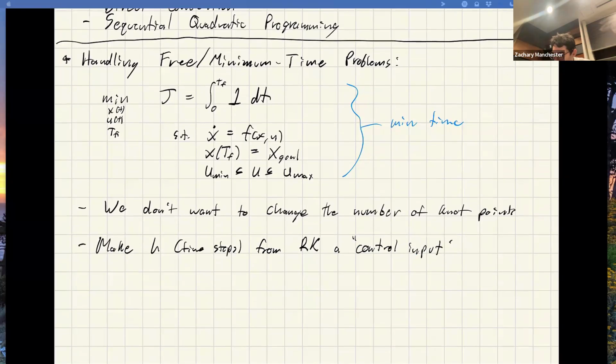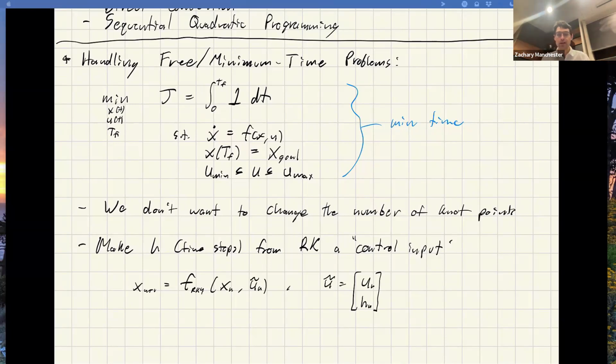So it would look something like, we have x_{k+1} equals, let's say it's RK4, I'm just going to write f sub RK4. That would be our go-to standard. And we're going to write it as a function of x_k and u tilde_k, where this u tilde is our original u, and then the time step h_k stacked in there. Inside that f_RK4, you put the h in the usual way with the Runge-Kutta step, and that basically is it.